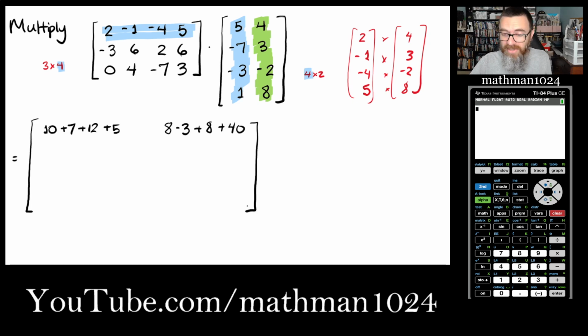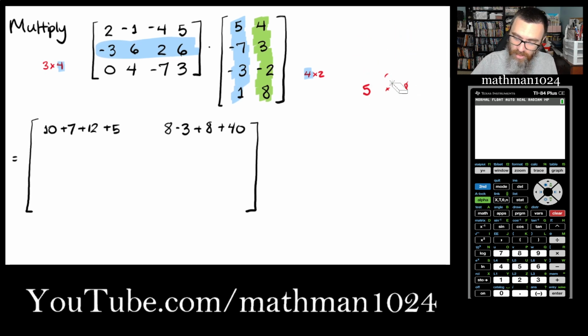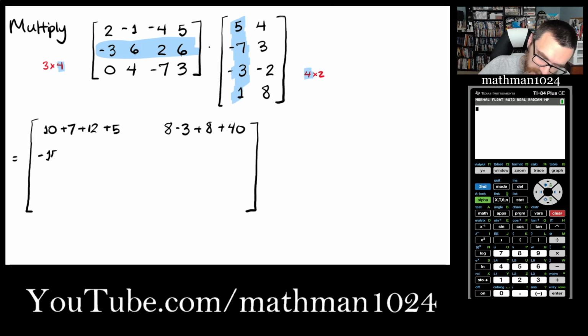Well, the next thing I do is take my next row and do the same thing. I'm going to march it through and destroy things along the way, using that multiplication. So we're first doing the product of this row and this column. Negative 3 times 5 is negative 15.